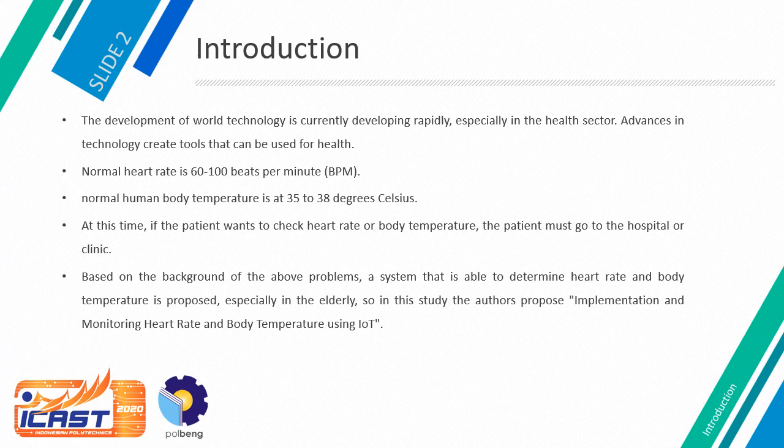As we know, the normal condition of heart rate is between 60 to 100 beats per minute. Medical term for heart rate under 60 is bradycardia, and over 100 is tachycardia.